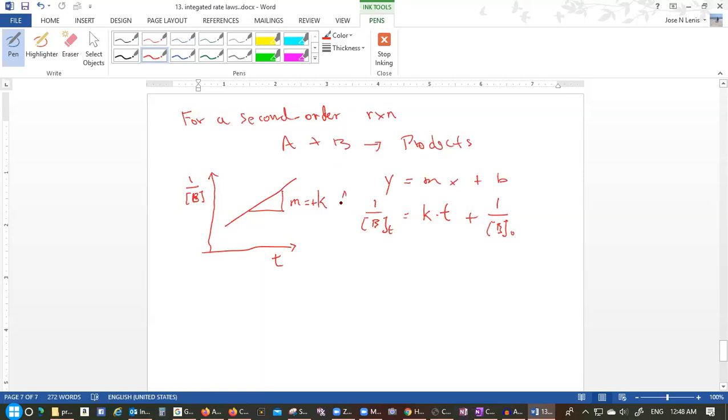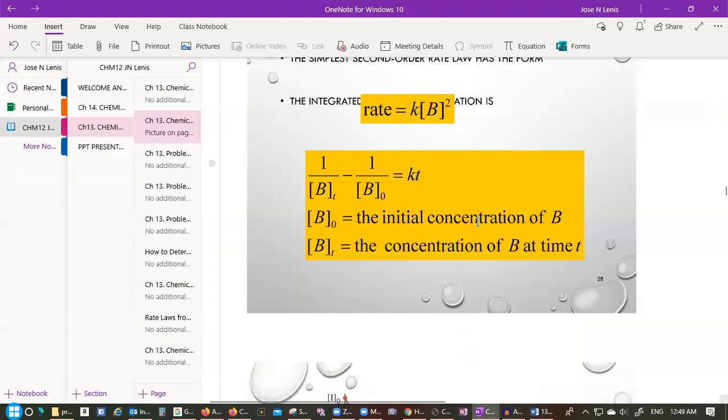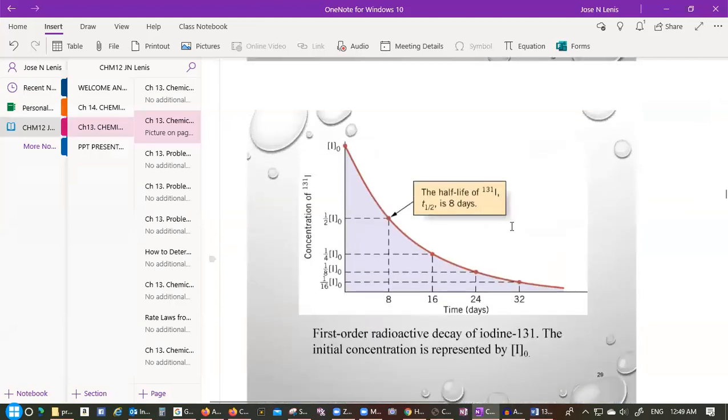Now we have the equation for a second order reaction. You can rearrange this the way you want it, depending on what you want to solve in your problem. Right? Okay.